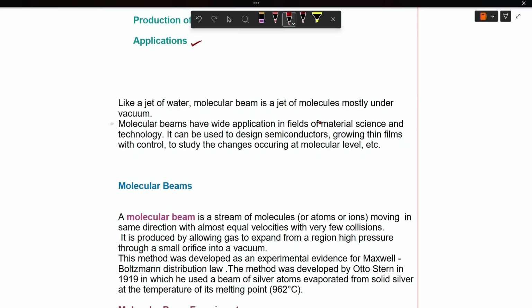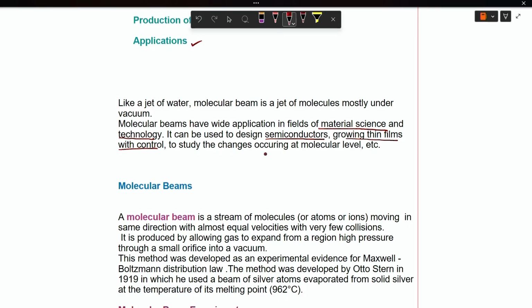Now, this molecular beam was actually devised to show the proof for the distribution of molecular velocities according to the Maxwell-Boltzmann distribution law. Up to date, researchers have developed it to such an extent that it has got wide application in material science and technology. Some of them: it can be used to design semiconductors, and to grow thin films with control.